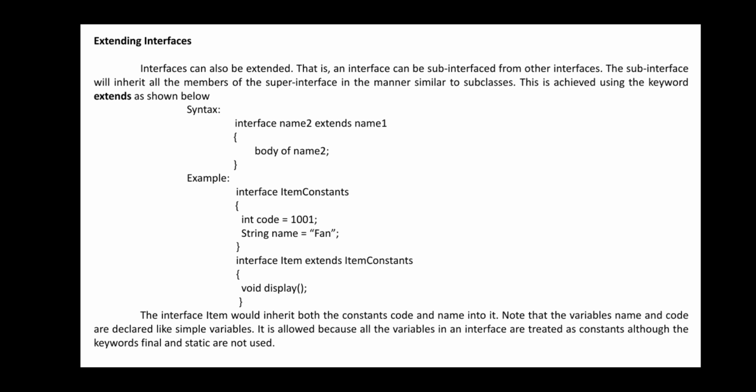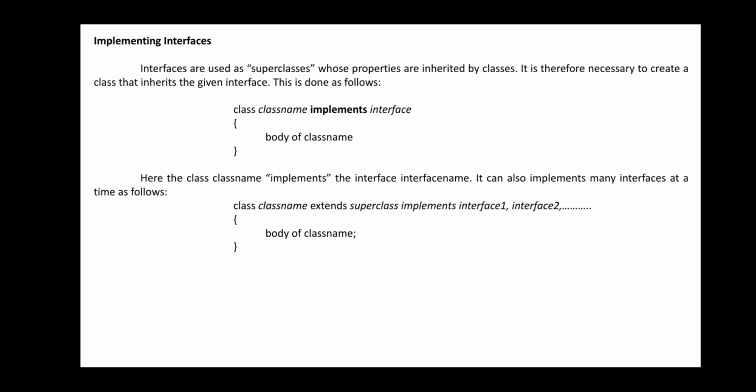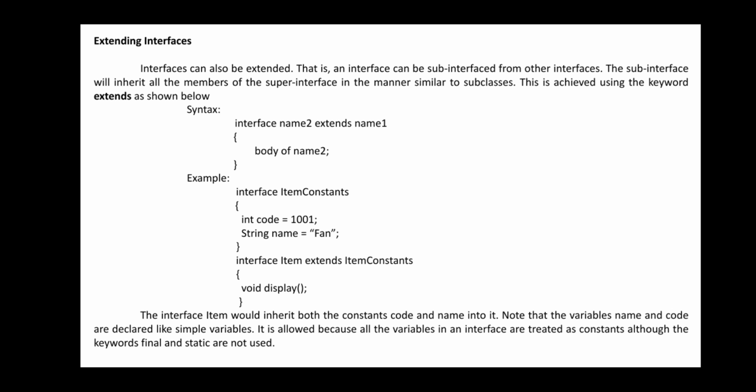Note that the variables name and code are declared like simple variables. It is allowed because all the variables in an interface are treated as constants, although the keywords final and static are not used. Once again, if you don't use final or static, whatever you define within an interface will be treated as constant values. So this is how you define the extended interfaces.